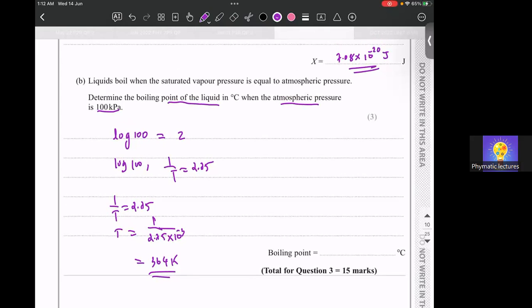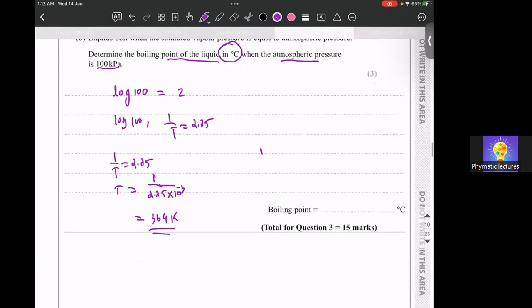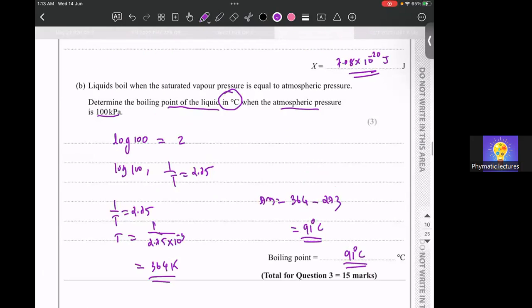Now our aim is to find this boiling point in degrees Celsius. So the answer is 364 minus 273, and that is 91 degrees Celsius, because we use this conversion formula: to convert Kelvin to degrees Celsius, you subtract 273. So the answer for this question is 91 degrees Celsius. Hope you got the idea.